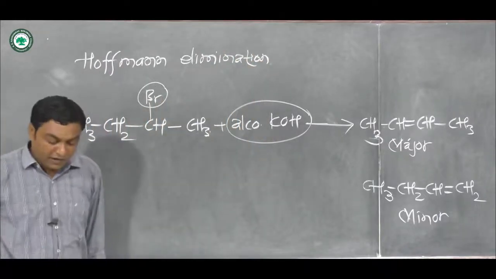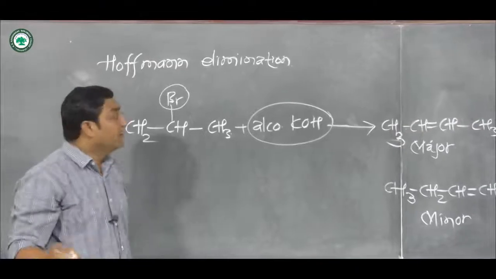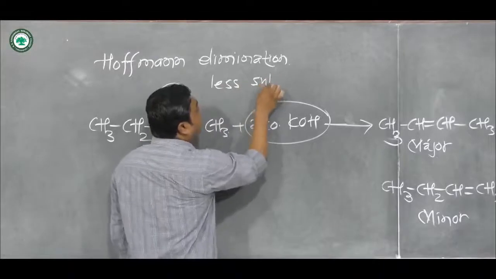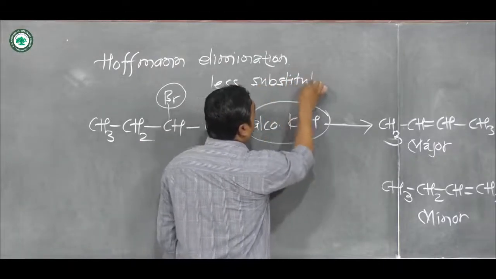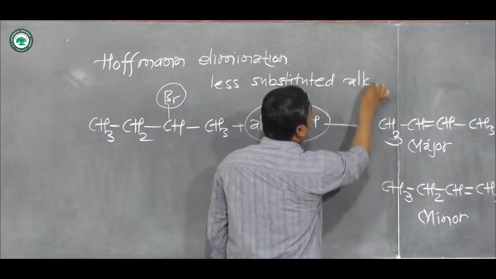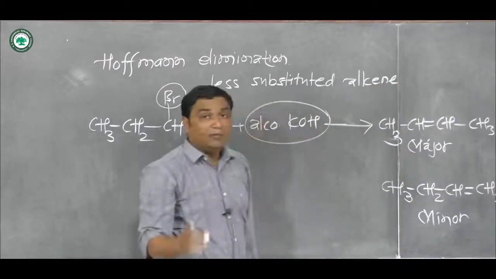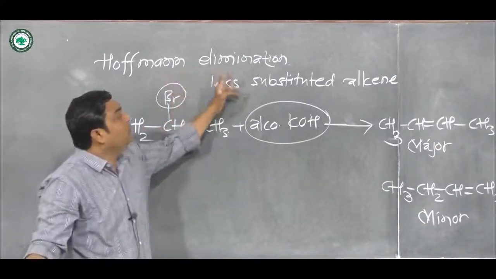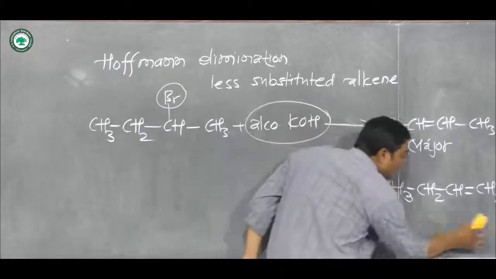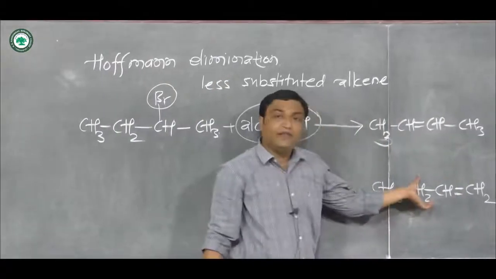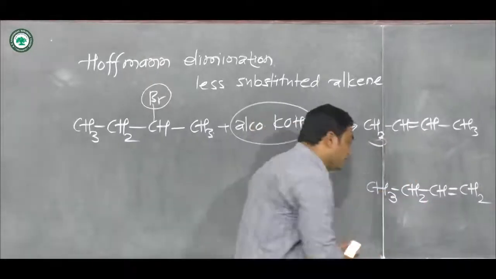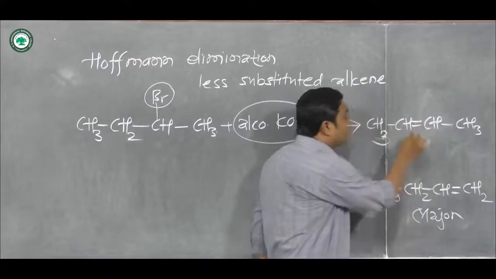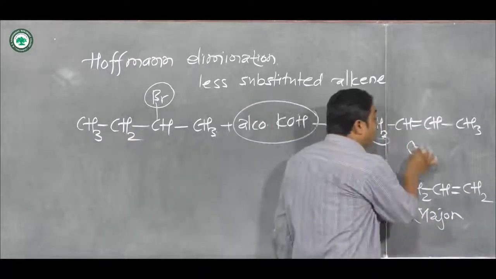In Hofmann elimination reaction, we obtain the less substituted alkene as a major product. It means in case of Hofmann elimination reaction, we obtain this less substituted alkene as a major product, and the more substituted alkene will be formed to a minor extent.